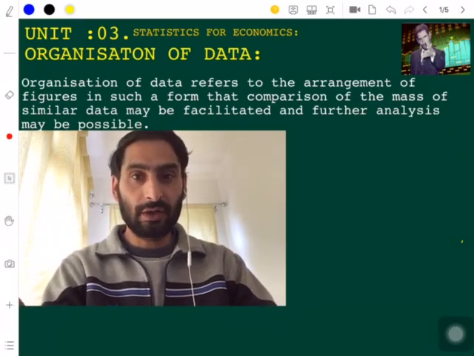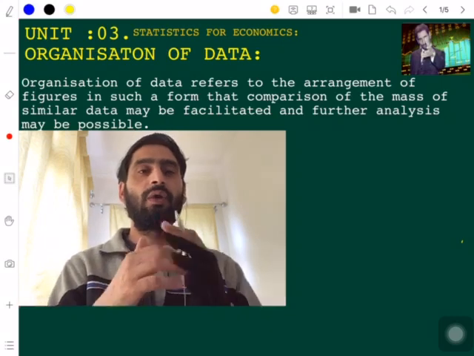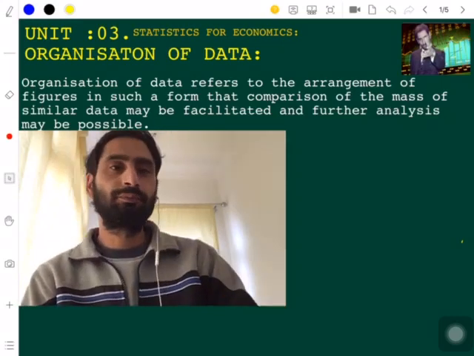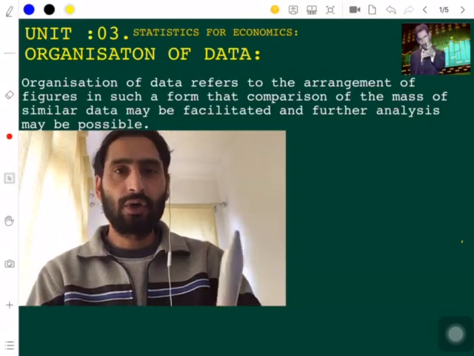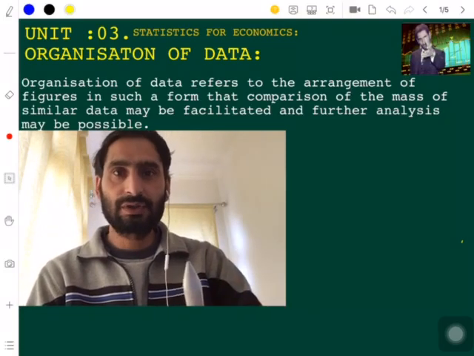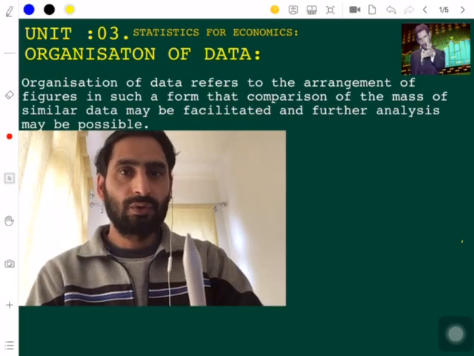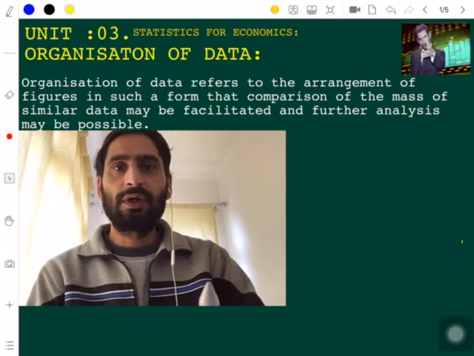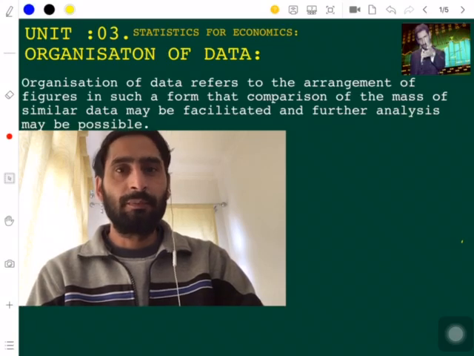We have to put it in an order to suit our field of inquiry. That is what I mean here. Suiting the field of inquiry simply means for what you had collected that very particular data. Now that's where the organization comes into being.